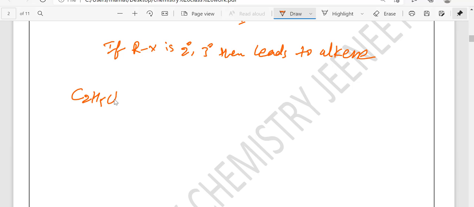Ethyl chloride plus C2H5ONa, O minus Na plus, then it gives C2H5-O-C2H5. Okay, it is SN2 mechanism.